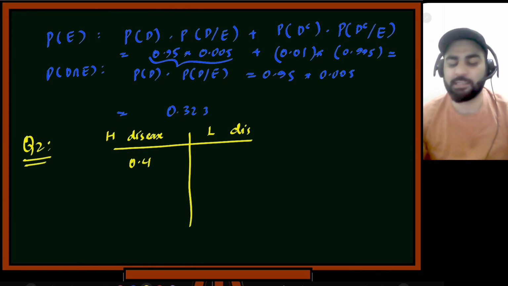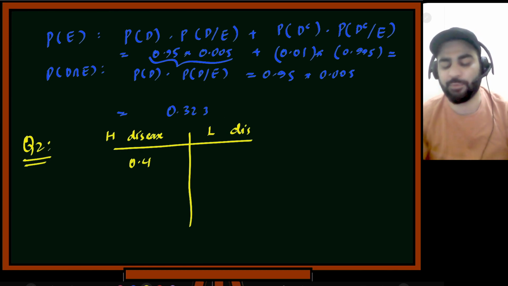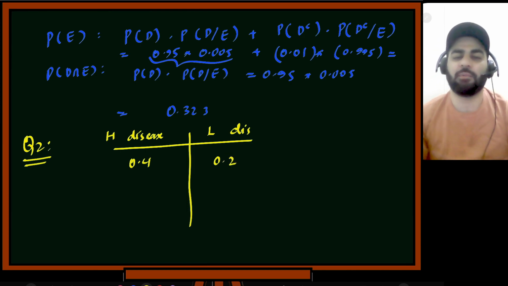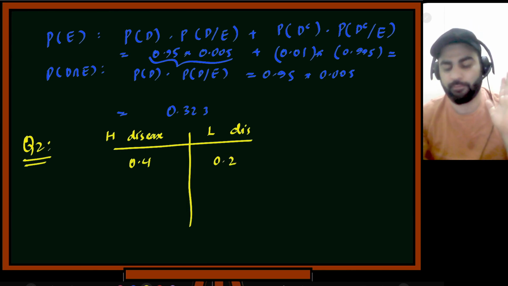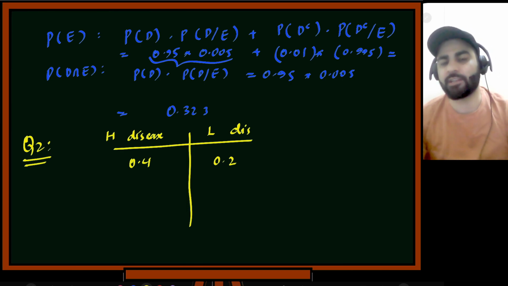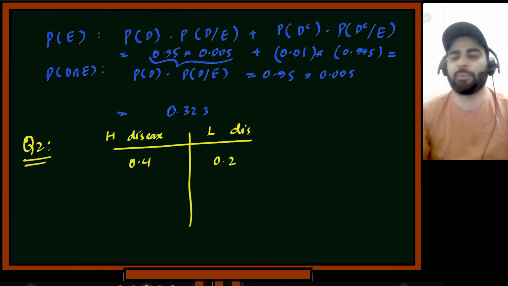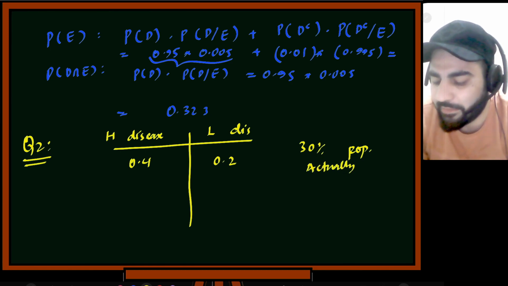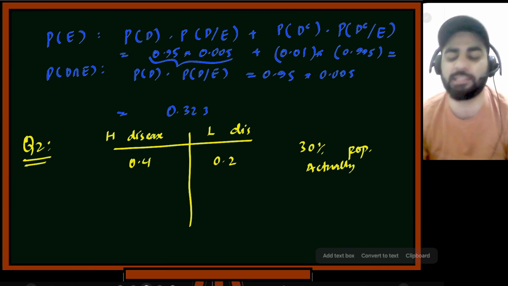And the second thing is, for low disease people, they will meet an accident or have some disease with probability 0.2 within a fixed period of 1 year. In general there is an assumption that 30% of the population is accident prone or disease prone. So 30% of the population actually meets an accident or gets diseased per year.